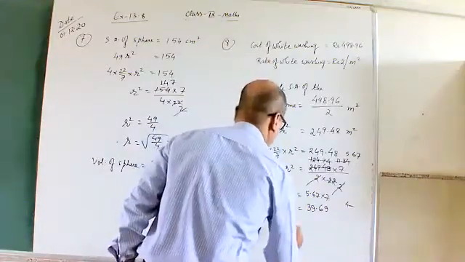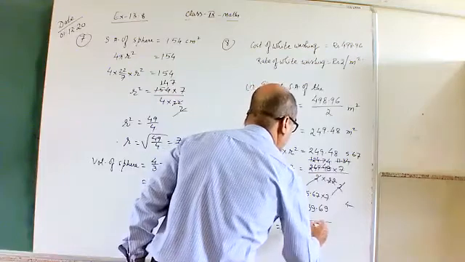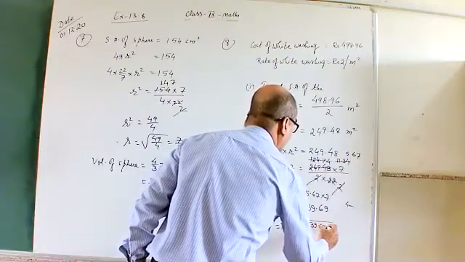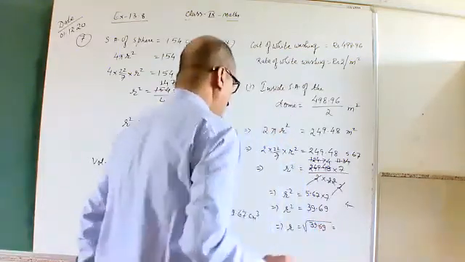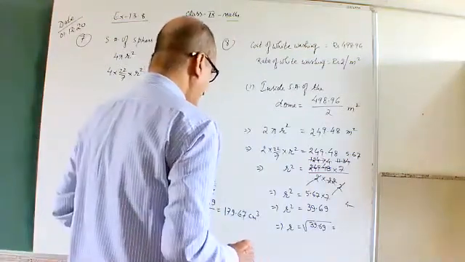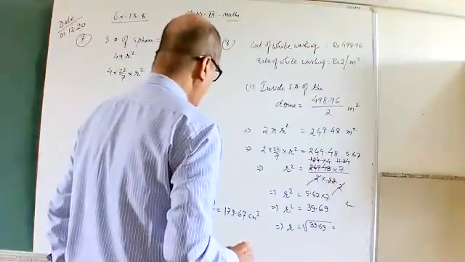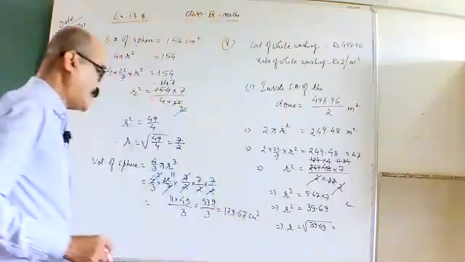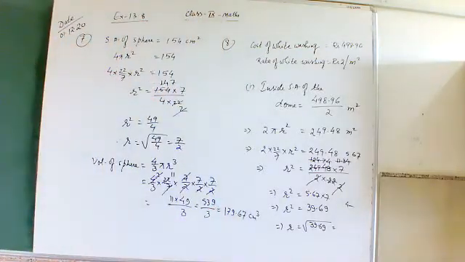So R will be equal to under root 39.69. Or do one thing, 4 by 3 5 R3 will be 5. Okay, so we will take the square root of 39.69.